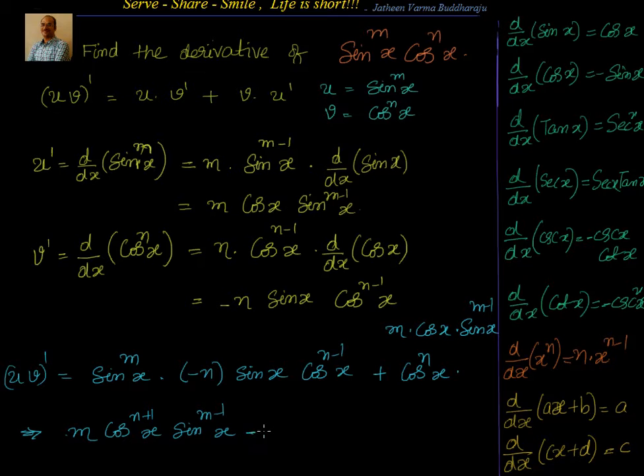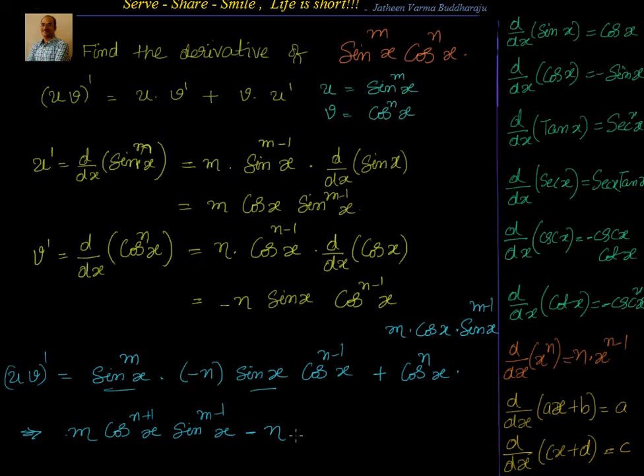Then I have minus n sin nx, and sin x will become sine to the power of m plus 1 x. How did we get it? We got it because we know a to the power m into a to the power n equals a to the power m plus n.